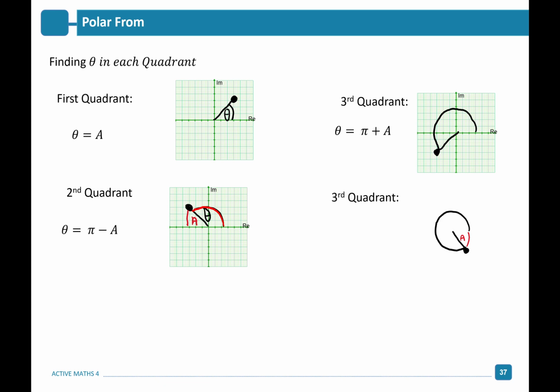And if your complex number lies in your fourth quadrant, as shown here, theta, our argument, i.e. our angle measured anti-clockwise to our complex number, is 2 pi minus a. Please pause the video and take this down.